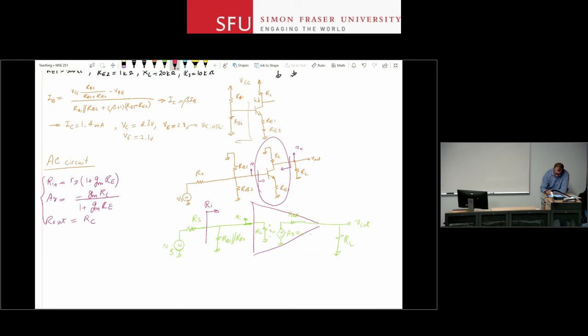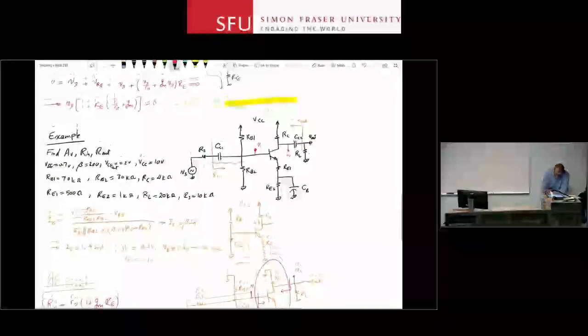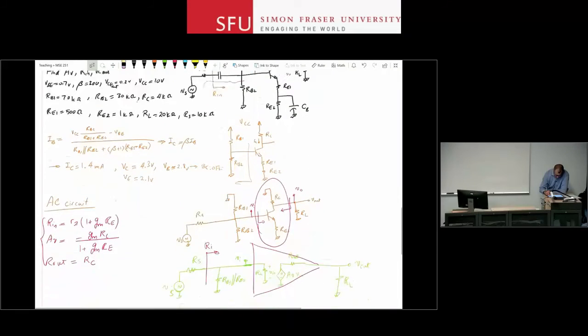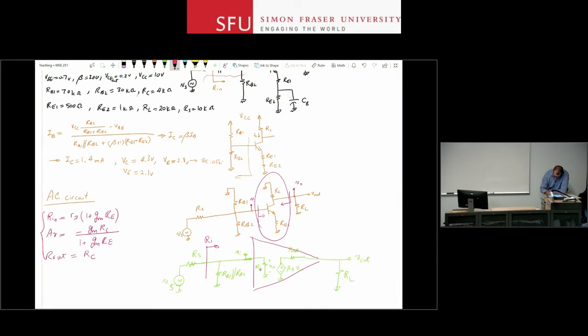So let's call the one inside here Ri instead of Rin, because I'm already using that, and call this Ro. So this is Rin that I need to report, and this is R out that I need to report.